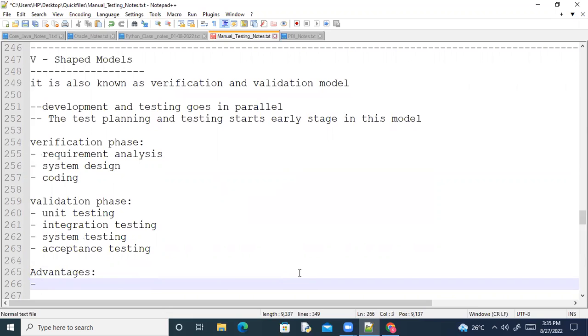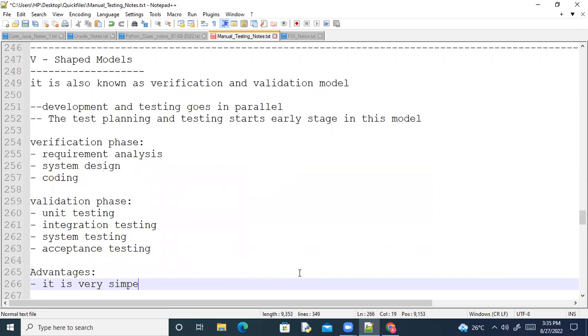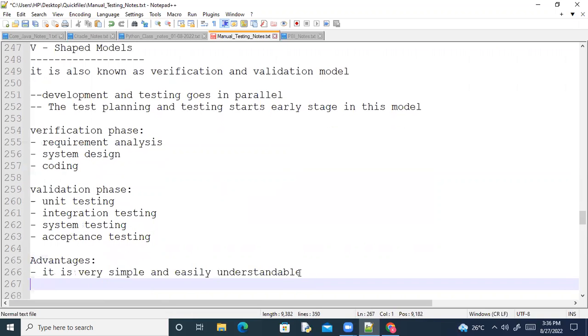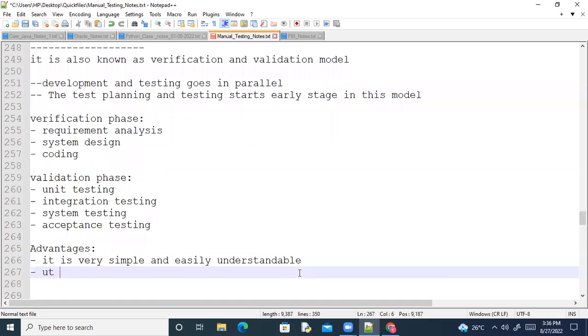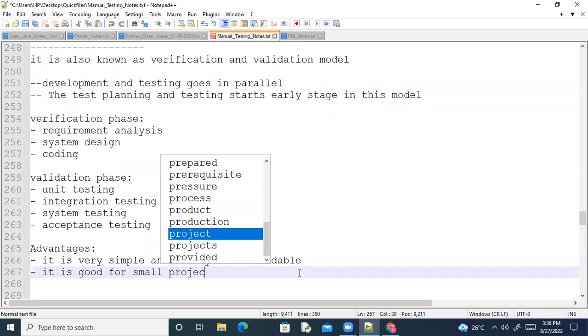So now the advantages: it is very simple and easily understandable. It is good for small projects.